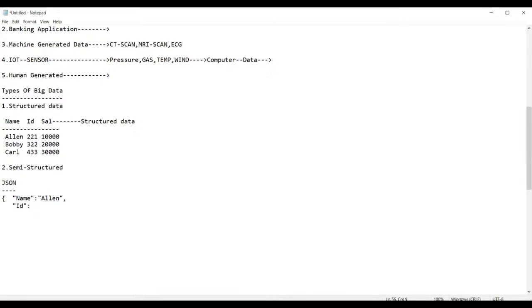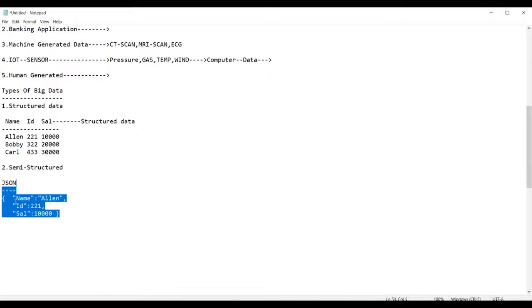Then since it's numeric data, you can place it normally. Again, under this, you have salary. This is also numeric data, so you can leave it as it is. Do not place it under quotes. And finally, after this is done, the data is closed with the braces.